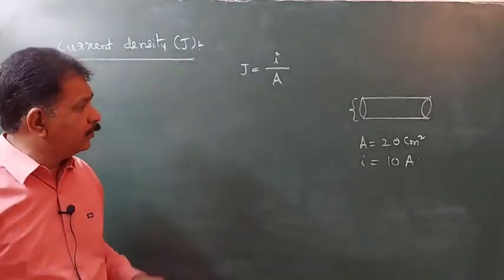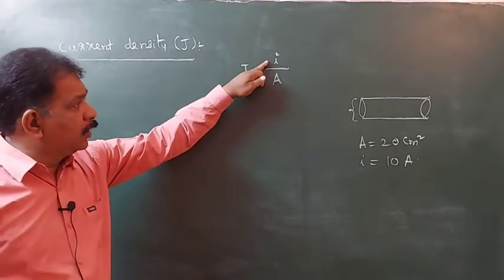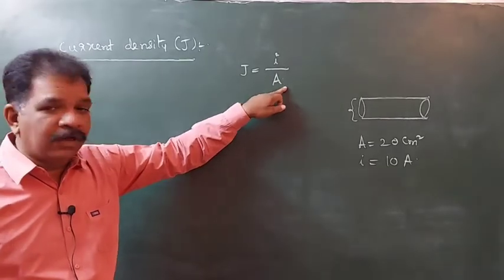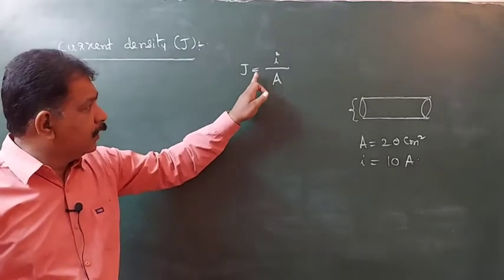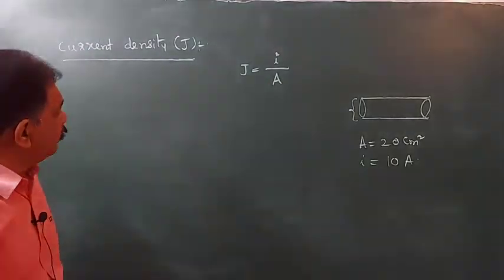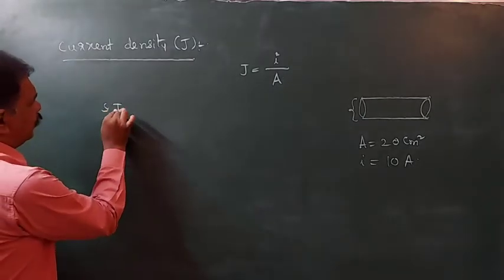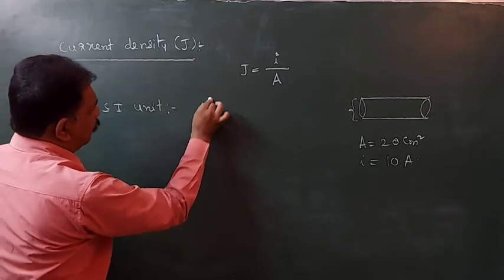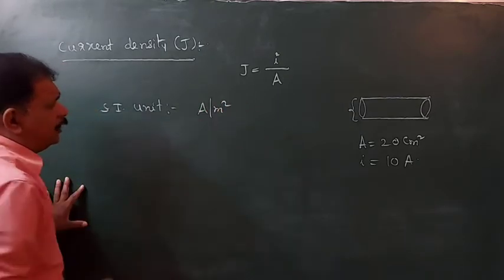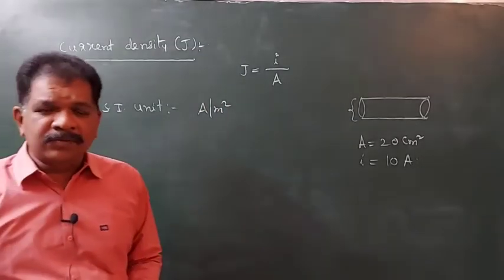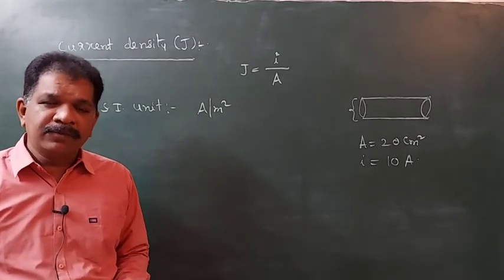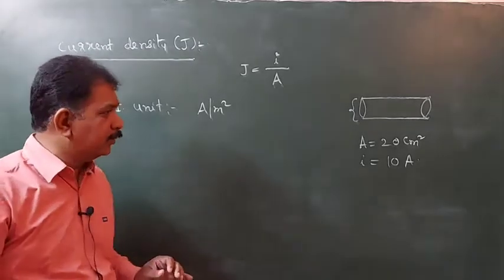The amount of current flowing through the conductor per unit area of cross section is called the current density. So the SI unit: current unit is ampere, area unit is meter square, so ampere per meter square is the SI unit.